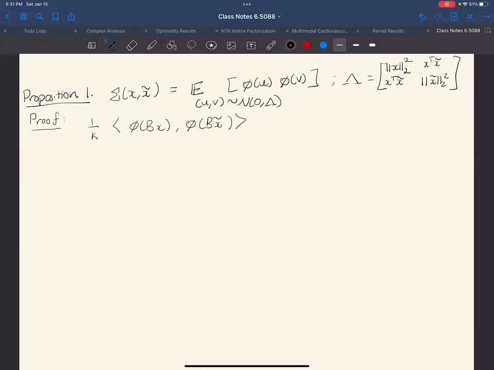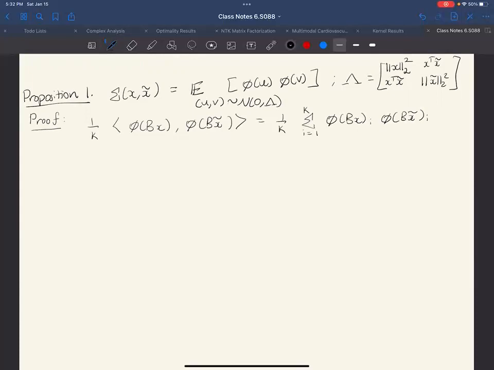Remember, I keep saying this, but these are vectors in R^k. Let's actually just write down what they look like. This is just going to be a sum from i equals 1 to k of the product phi of Bx at coordinate i, phi of B x tilde at coordinate i.